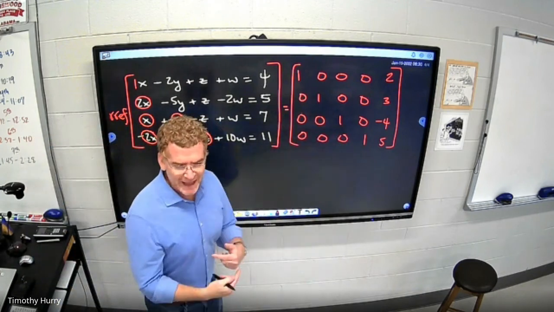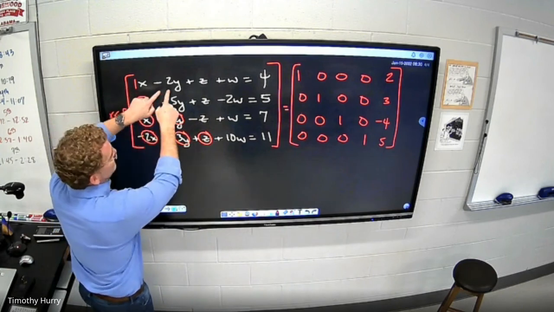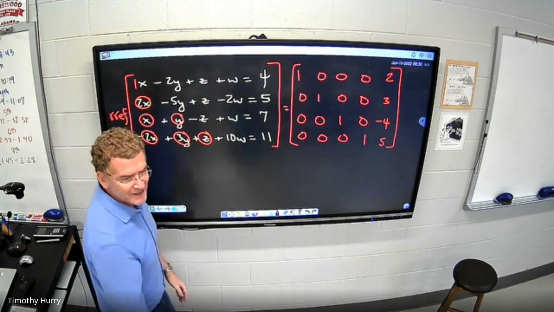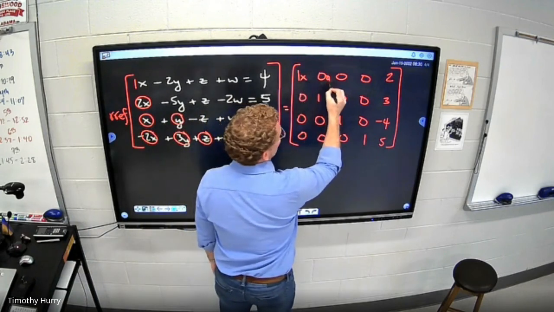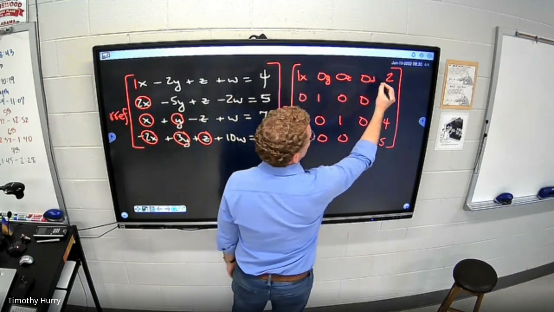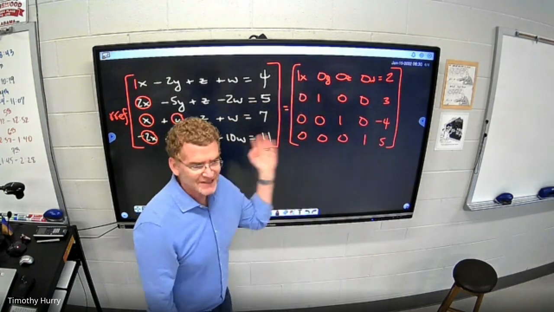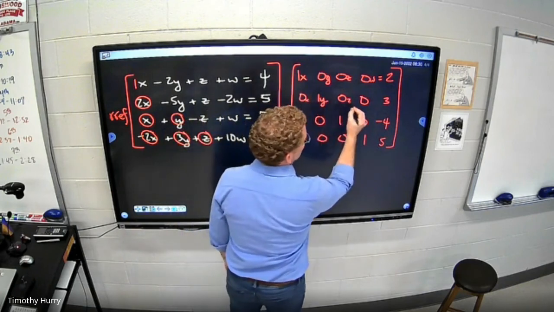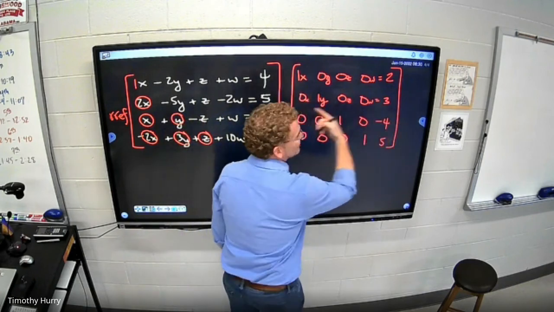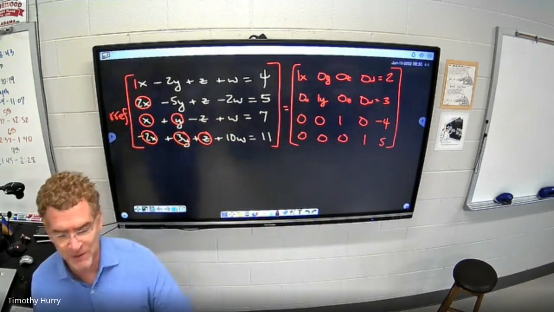If you think about it, if the number there stood for X and the number there Y and the number there Z, this would be like giving you 1x plus 0y plus 0z plus 0w equals 2. Well, what do you instantly know? X is 2. And this would be like 1x plus 1y plus 1z plus 1w equals 3. Well, what do you instantly know? Y equals 3. So in the next chapter, we'll do all that.